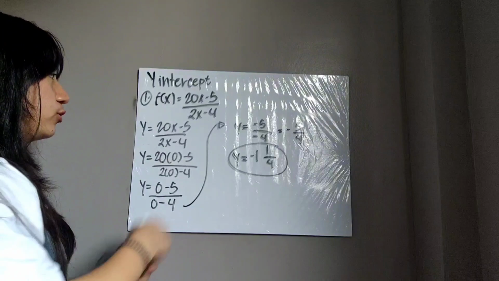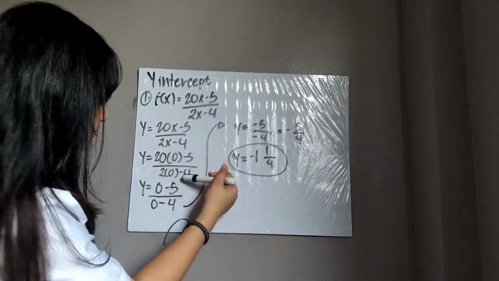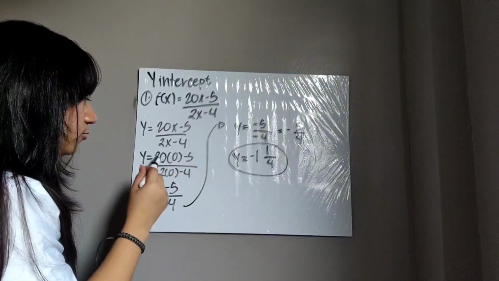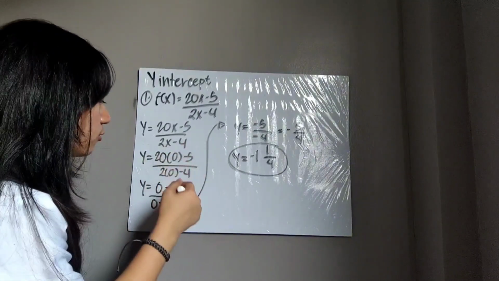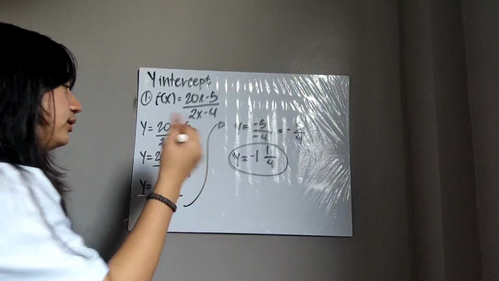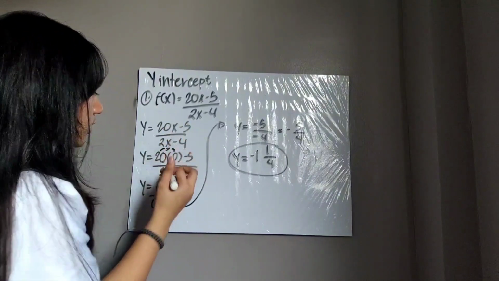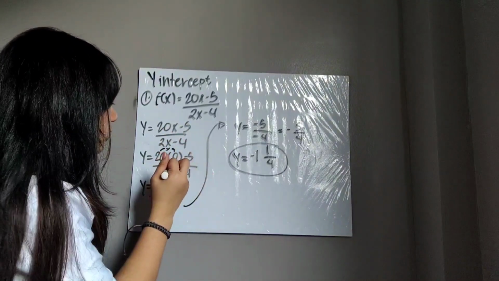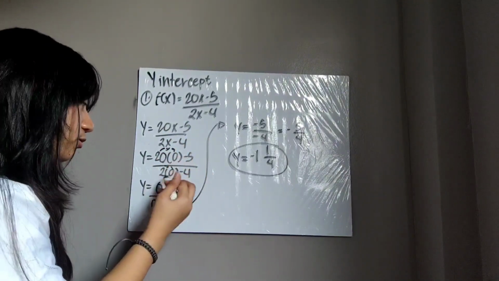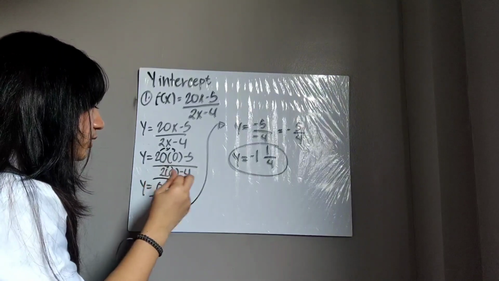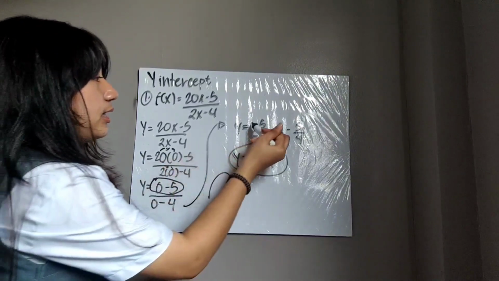So, yung dalawang x na yan is magiging 0, which is like this. y = (20 times 0 minus 5)/(2 times 0 minus 4). So, pag tinimes natin itong 20 times 0, 2 times 0 is 0. y is equal to 0 minus 5. And pag minus natin sila, magiging negative 5.